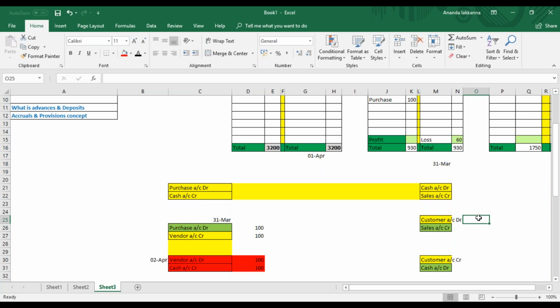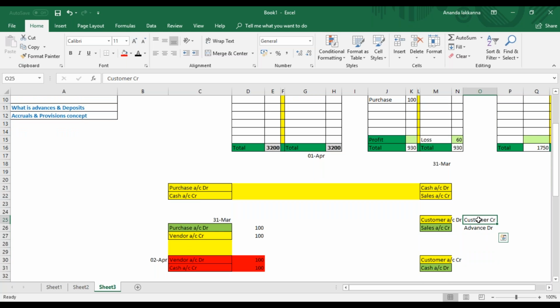Here the customer has already paid, so you give credit to him, and as you are not doing any sales entry, you do an advance entry. I will tell you where it appears. Once you give the product to him and he does not need to give any cash, then you can directly do a sales entry. But before that, just understand this.